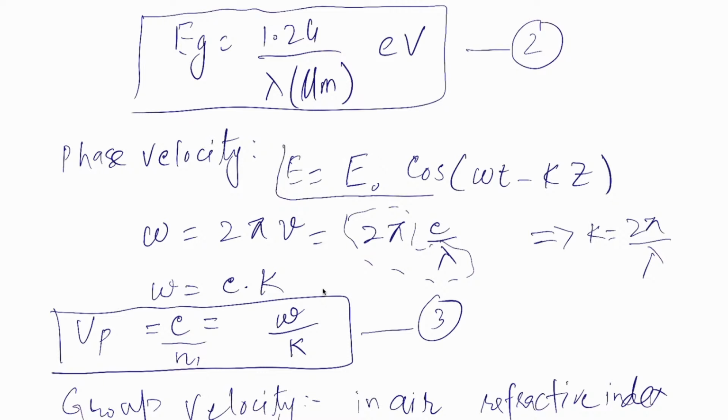So we consider n is equal to 1, but inside the fiber is some other material, so denser material, because we want to keep this light inside the fiber, so we make it denser. So we need to know what happens when light strikes the denser material or moves from one material to the other.